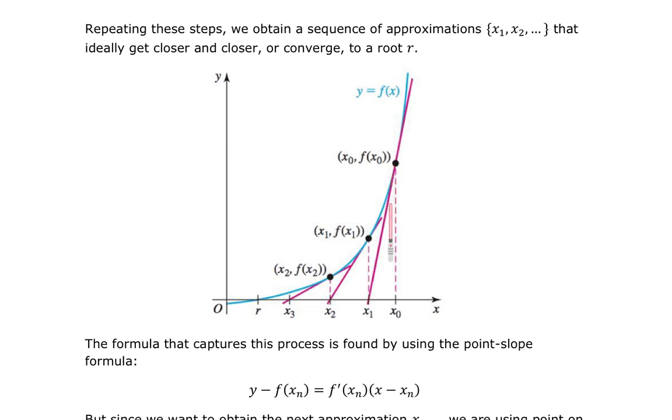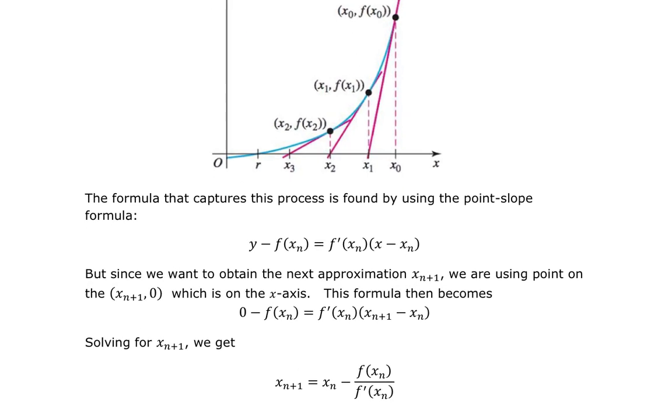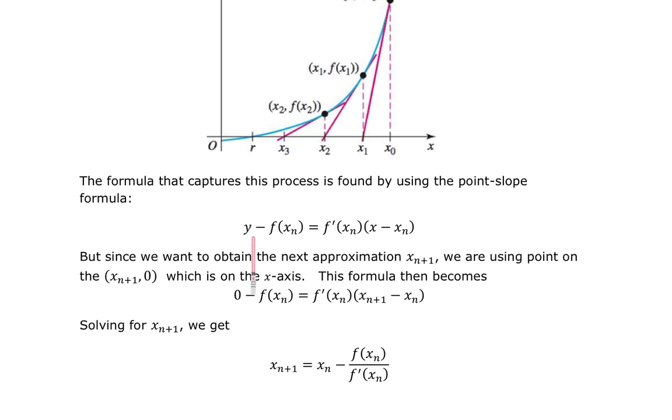So here's what's happening. We have our first point, our second point, our third point, and so on. And we're using the fact that y minus f of x sub n must be equal to f prime of x sub n times x minus x sub n. This looks a lot like linear approximation. But since I really want to know when we stabilize, we are looking for x sub n plus 1, comma 0, which is on the x-axis, which is the root, which is the solution.